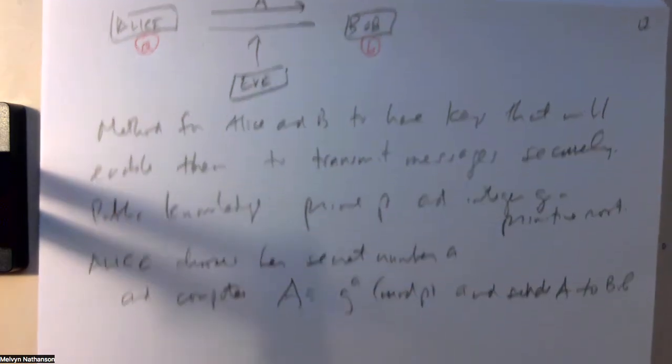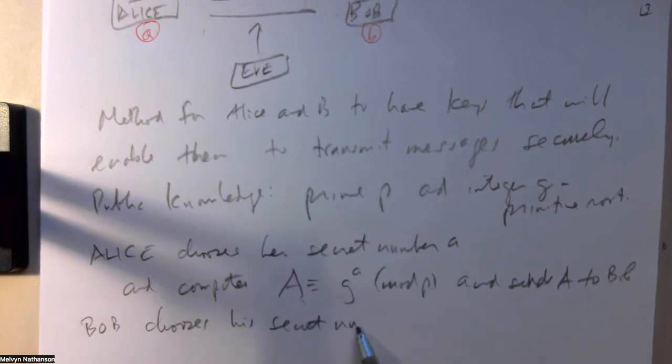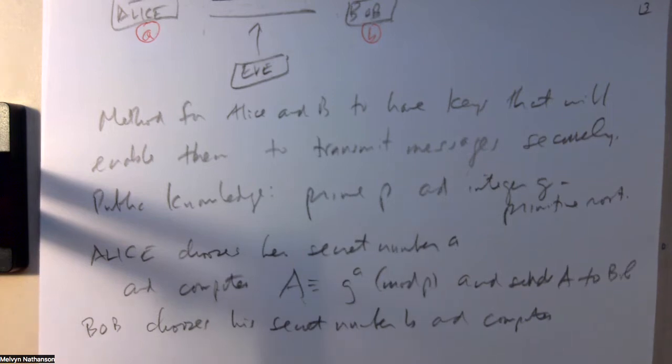Bob chooses his secret number b and computes what? He takes G, raises it to the power of little b, reduces it mod P, and calls that capital B, and sends B to Alice.